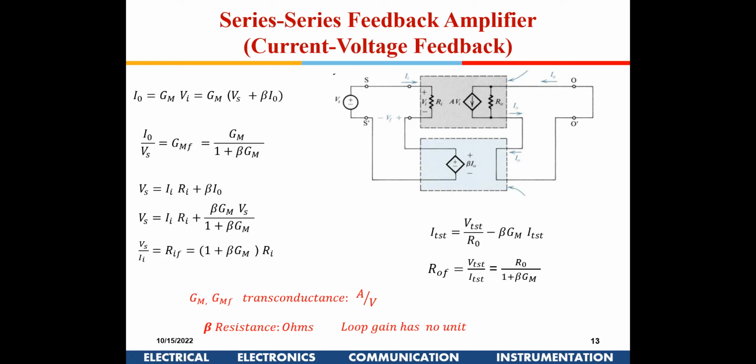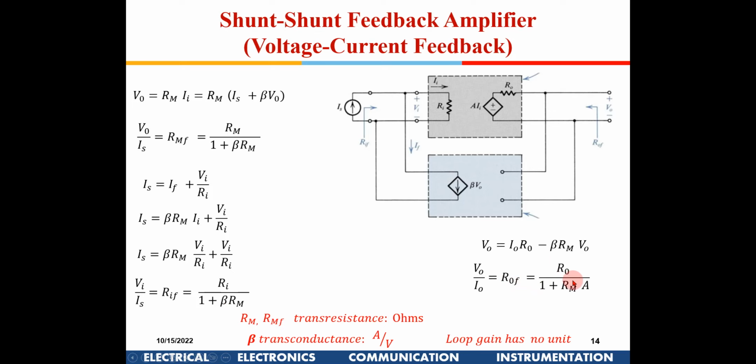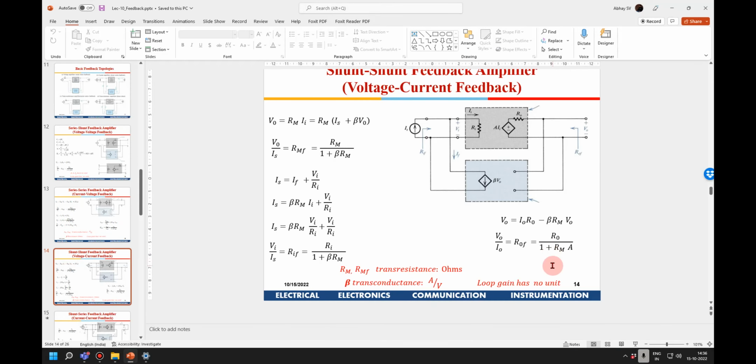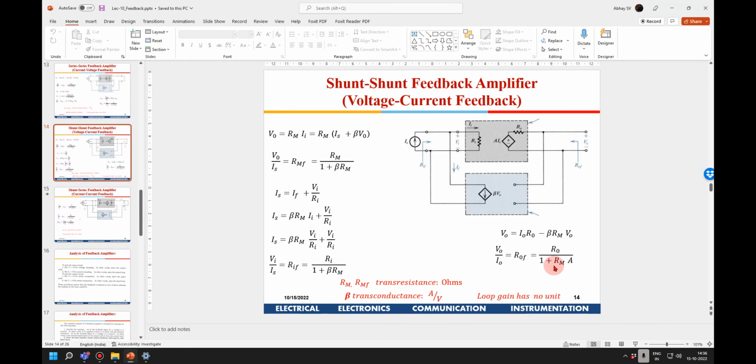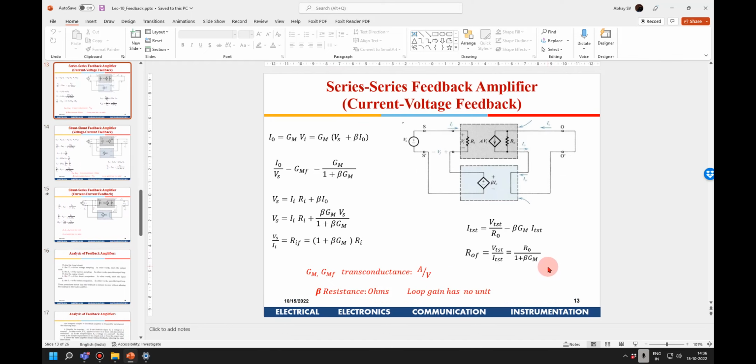I think I made a mistake out here. R0 with feedback, yes, it will be in the numerator, I guess, right? I made a mistake there.